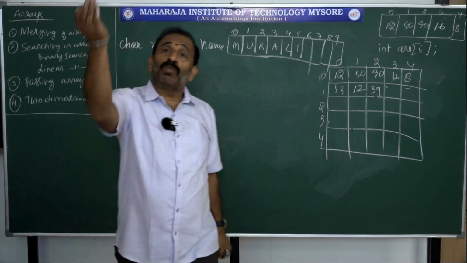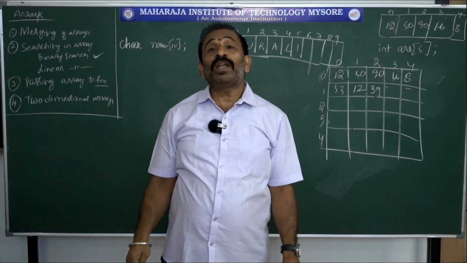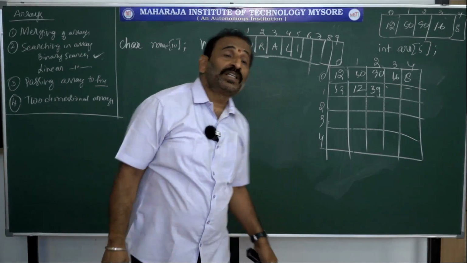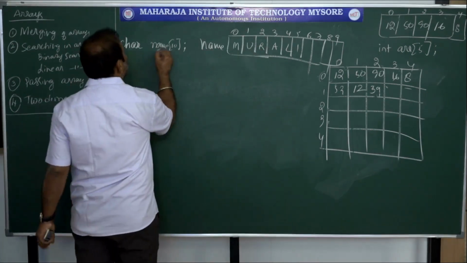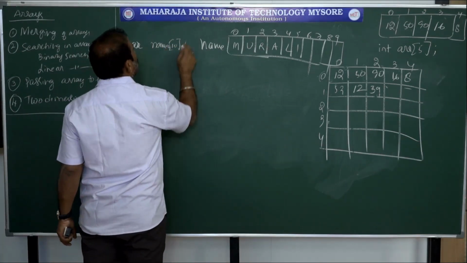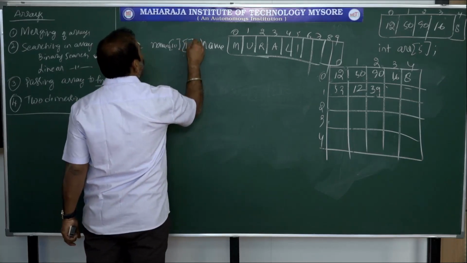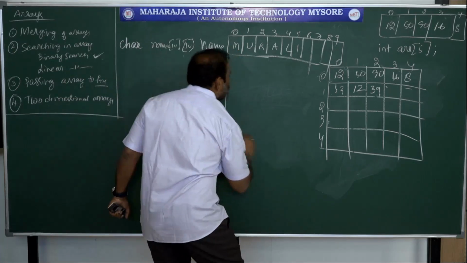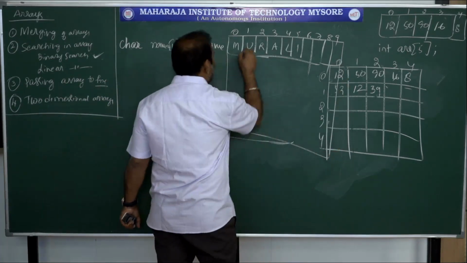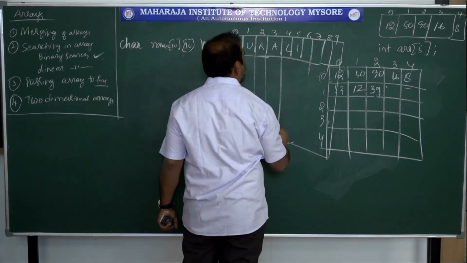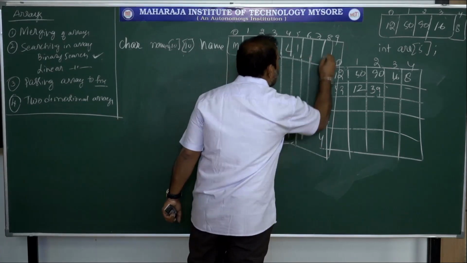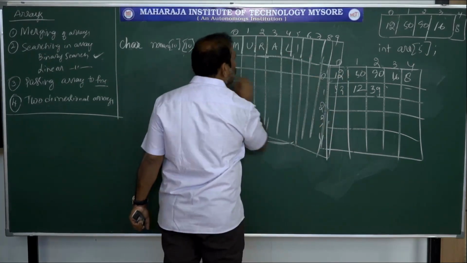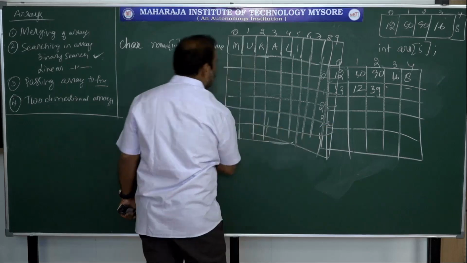If you would like to store more than one name, then I can declare this as names 10 cross 10. It means now I have this two-dimensional array like this. Like this. How?